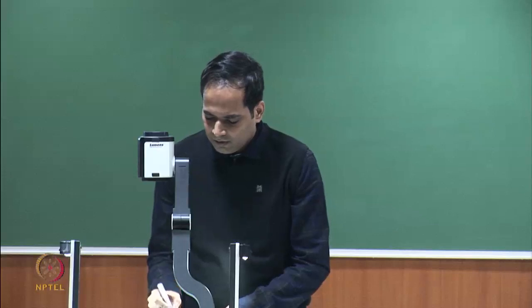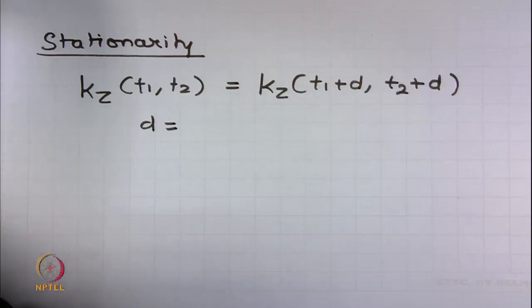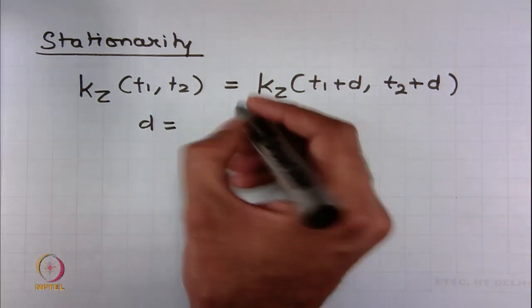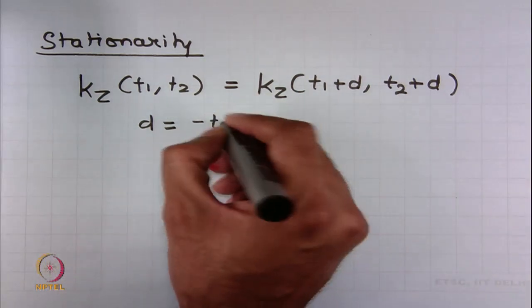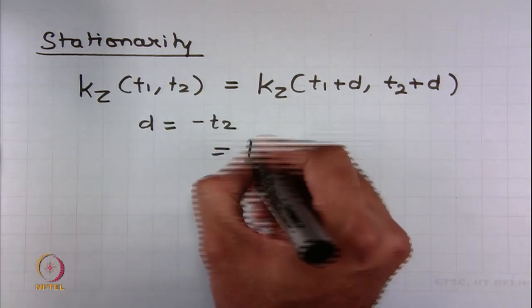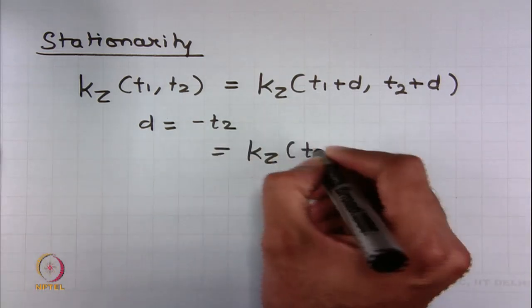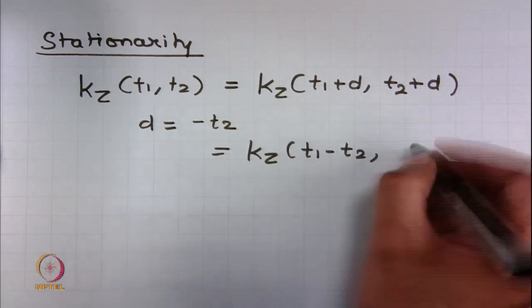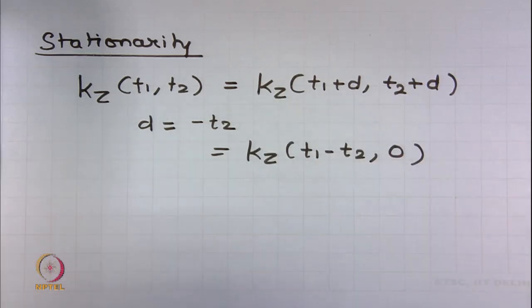Now, I can choose any value of d. This must be true for all values of d. So, let us choose d as minus t2. If you choose d as minus t2, what you get is kz of t1 minus t2 and 0. Now, this is interesting.